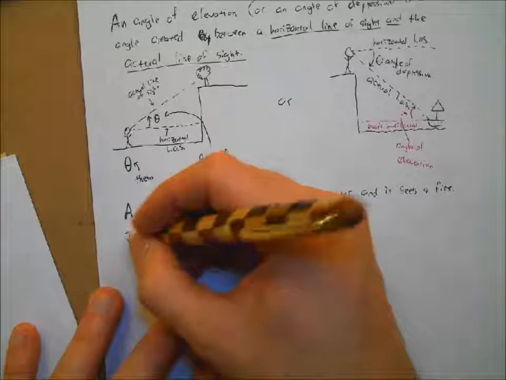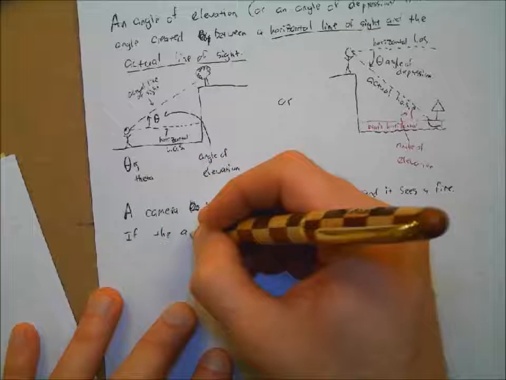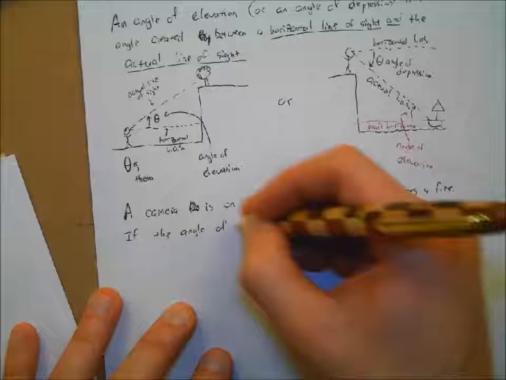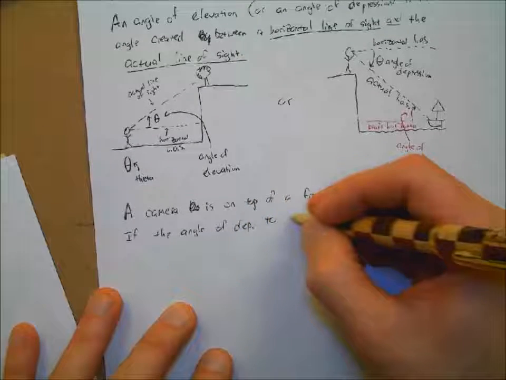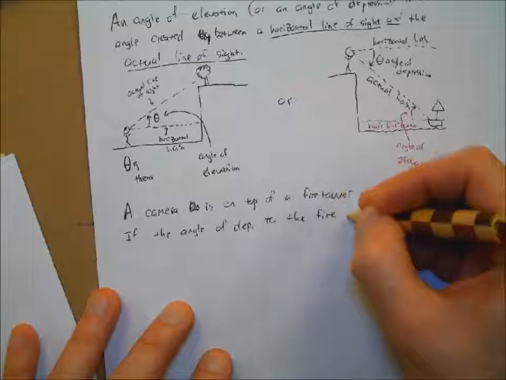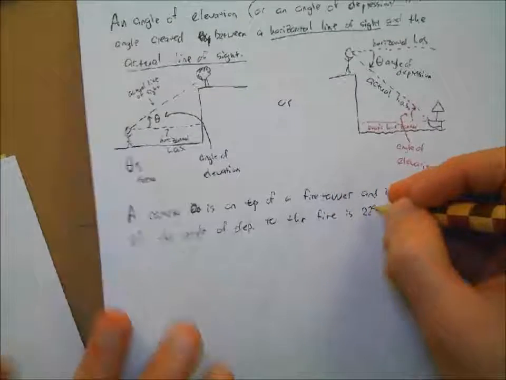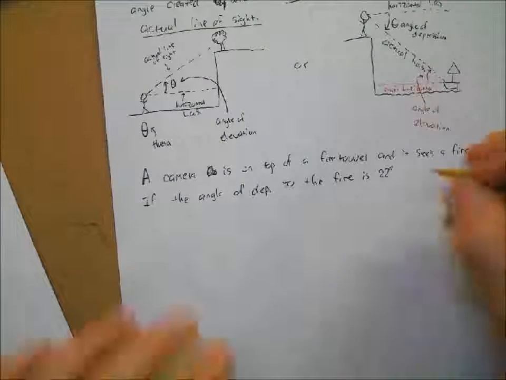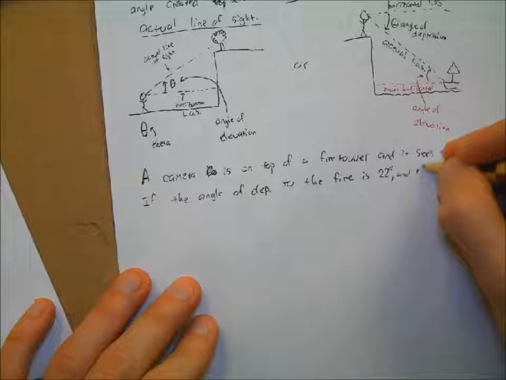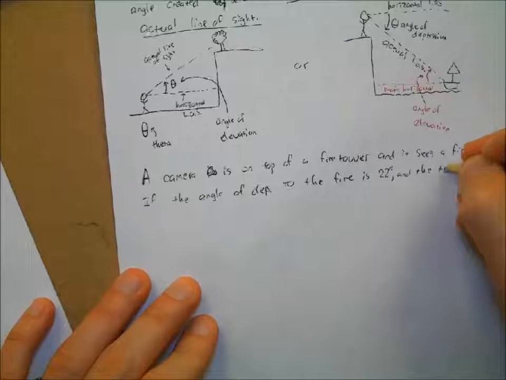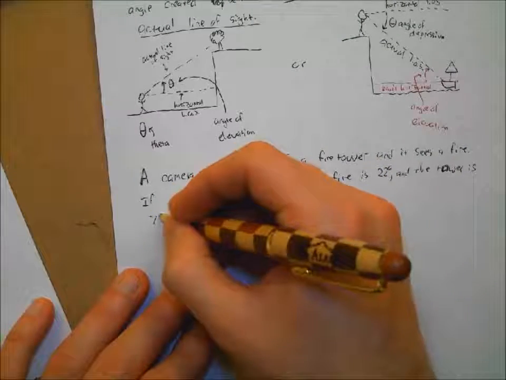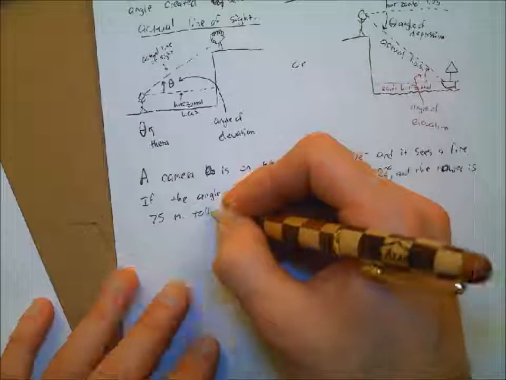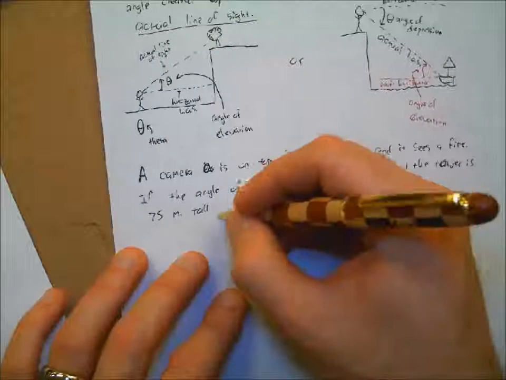If the angle of depression to the fire is 22 degrees, and the tower is 75 meters tall, how far is the fire from the base of the tower?